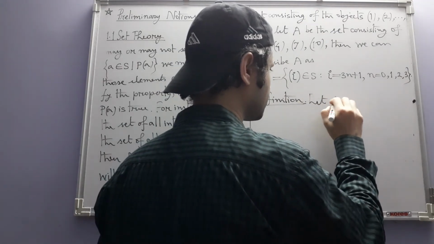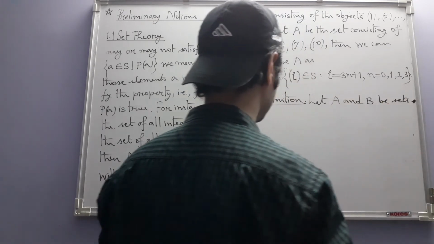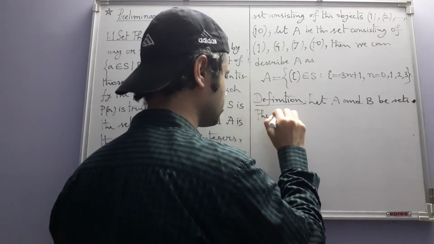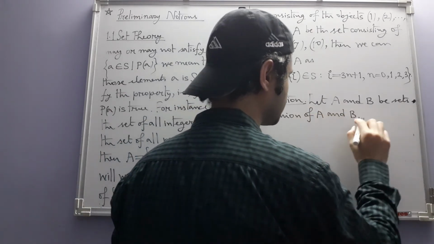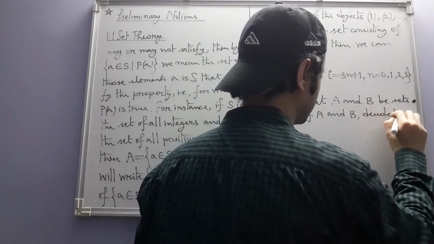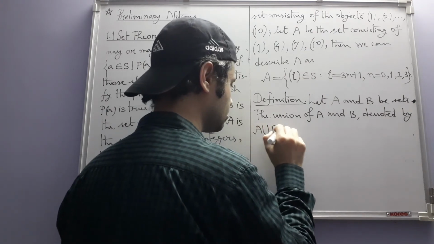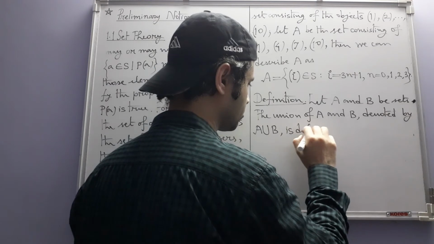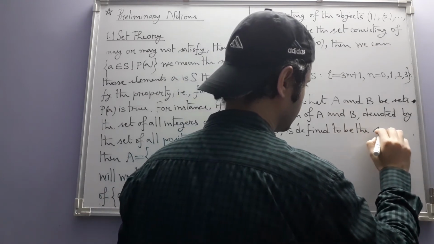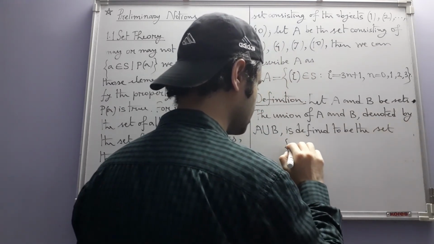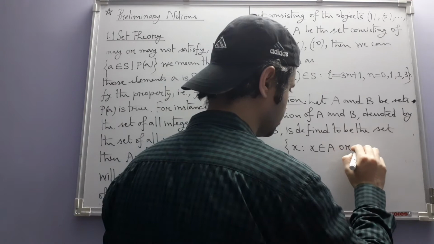Let A and B be sets. The union of A and B, denoted by this symbol, is defined to be the set of those elements that are in A or B.